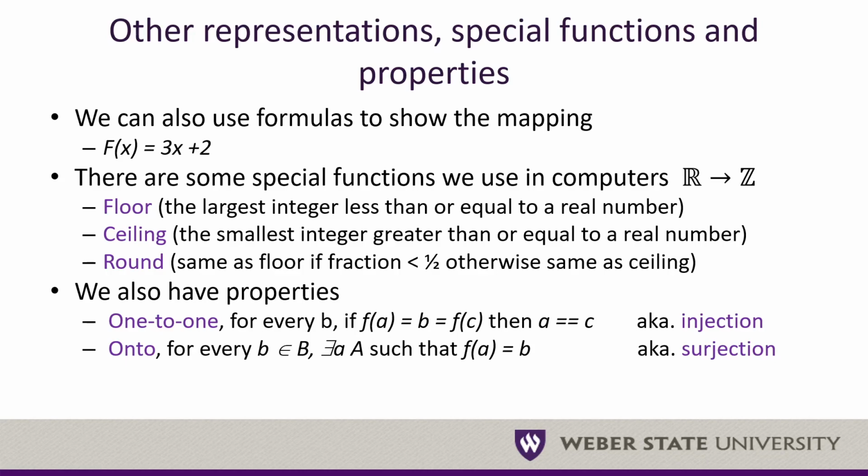Onto is a little bit trickier. Onto is the one I was thinking of, where for every b there's at least one a, as opposed to, well, maybe somebody's left out in the cold. If you were to ask people where they wanted to go for lunch, there might be 20 restaurants near the university.